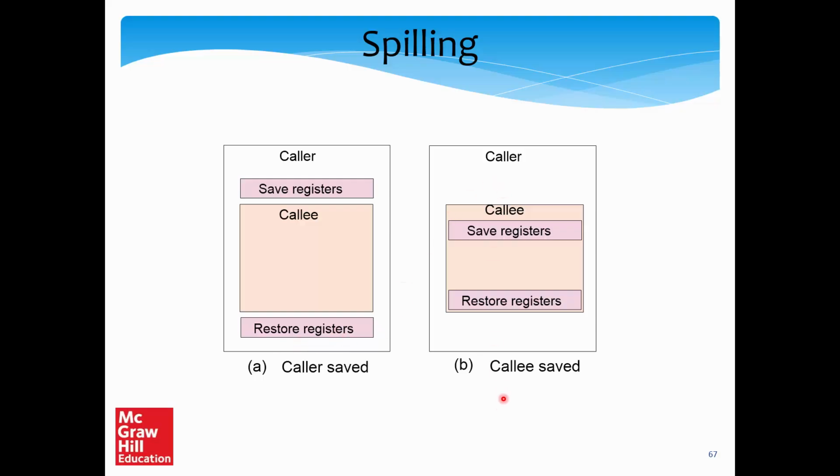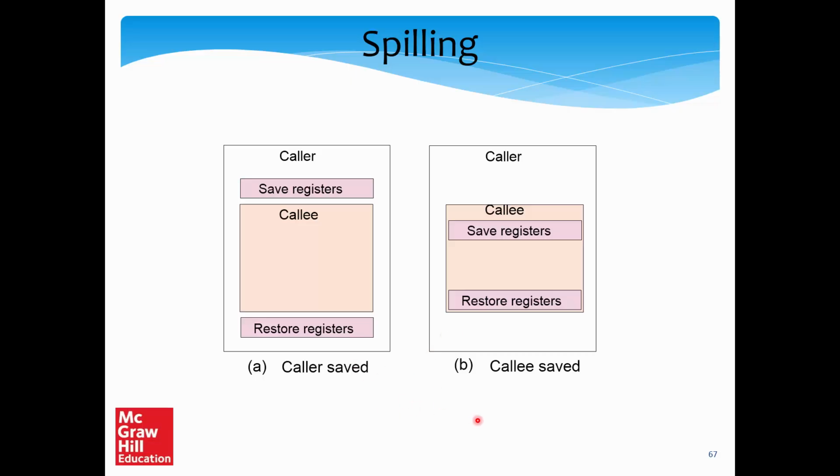In a callee saved scheme, the idea is that the caller does not do anything. It assumes that all of its registers, unless of course you mutually decide that a certain register is going to contain a return value, will maintain their value. The callee will first save the registers, subsequently do its work, and just before returning restore the value of the registers.